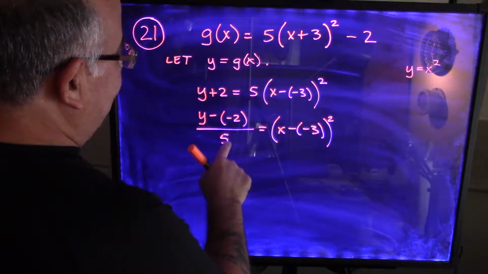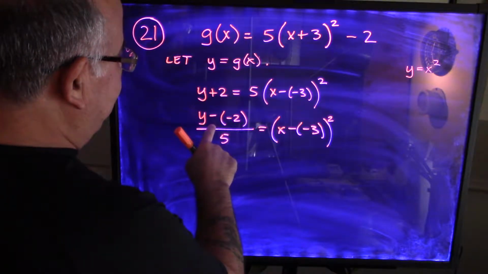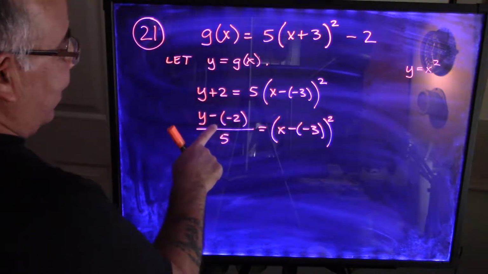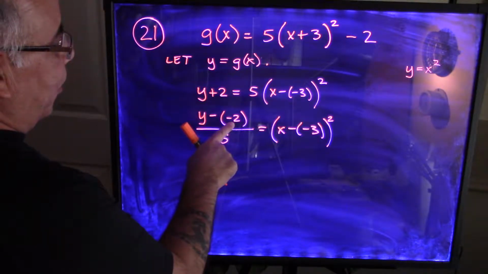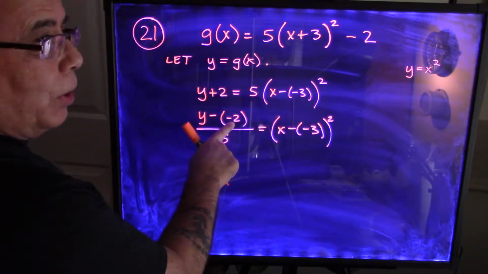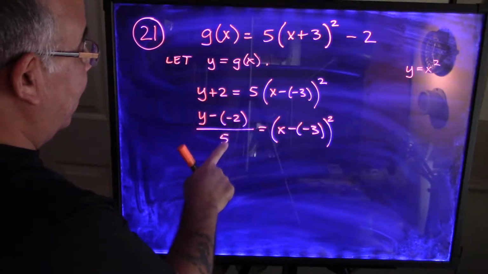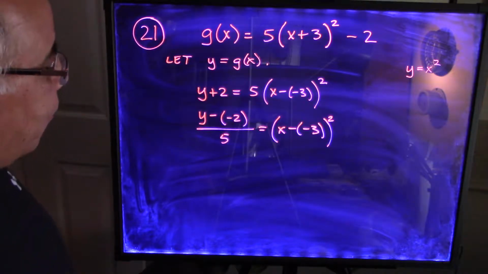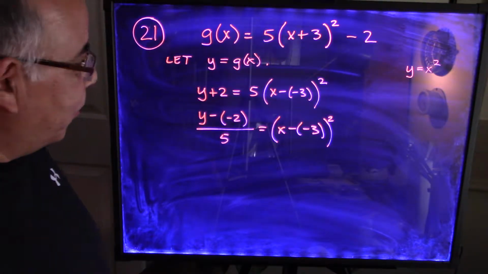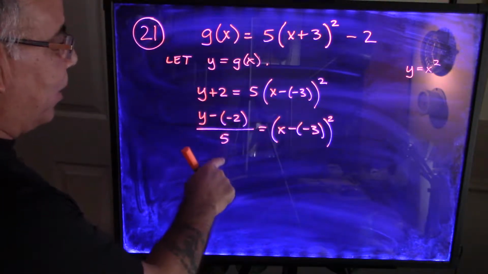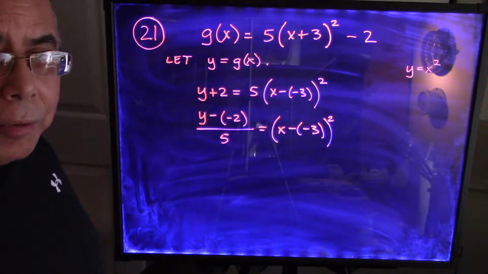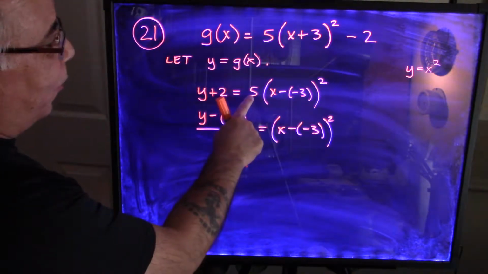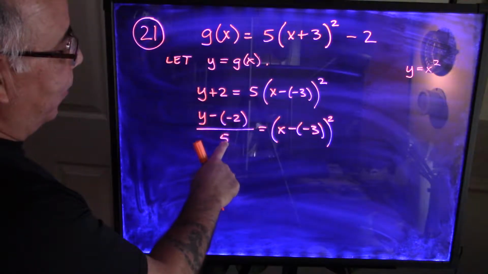Over here, this is going to be a vertical shift, a downward shift by 2 units. This 5 will give us a vertical stretching by a factor of 5. If that were, let's say, a 1/5 there, and you divided both sides by 1/5, that would be a 1/5.